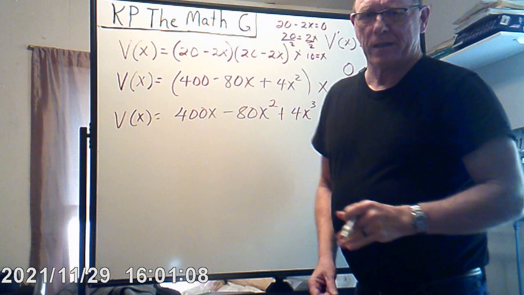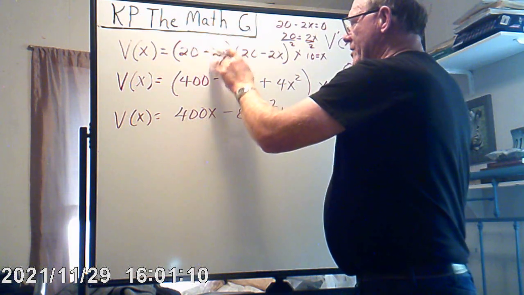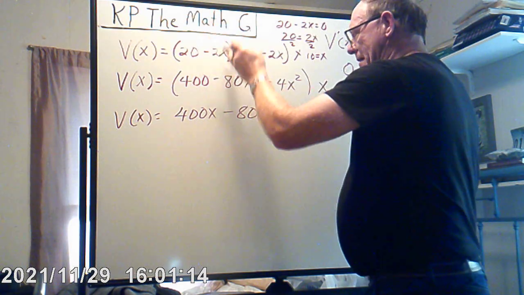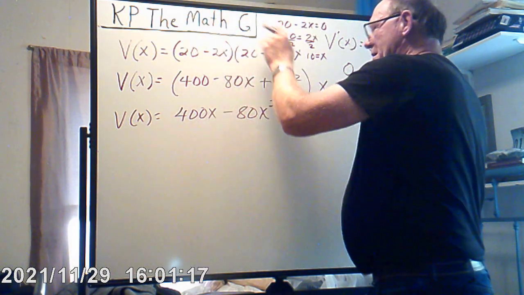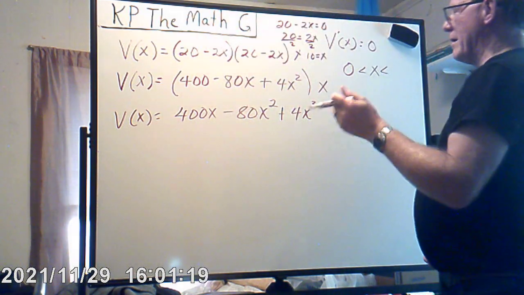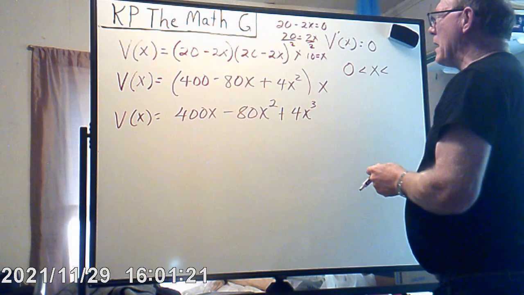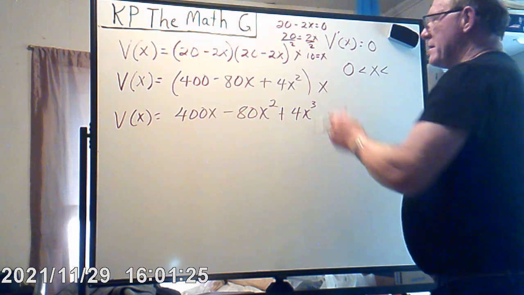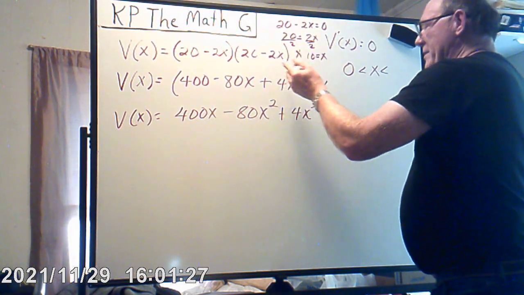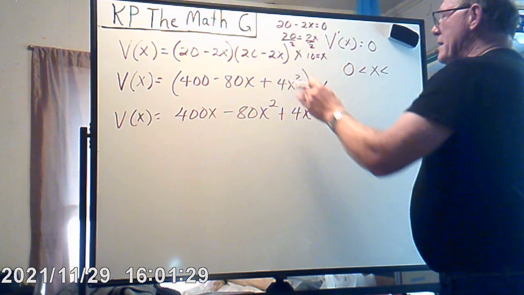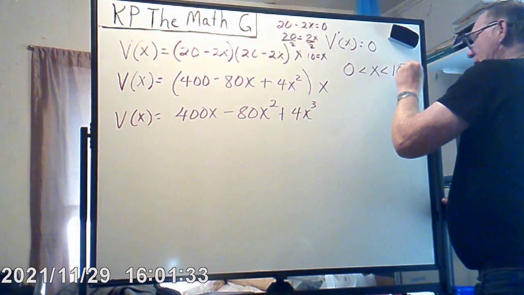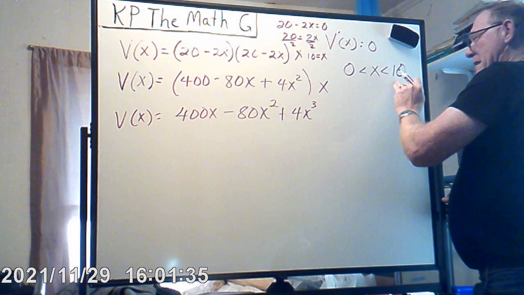If you picture in your mind 20 minus 2 times 10, 2 times 10 is 20, and 20 minus 20 is 0. And 0 times 0 times 10 is still 0. But we know that our limitations have to be between 0 and 10.